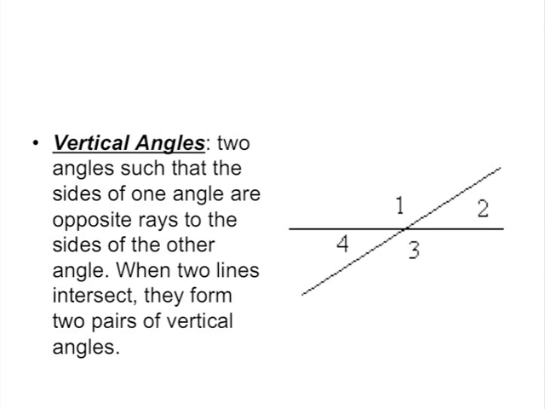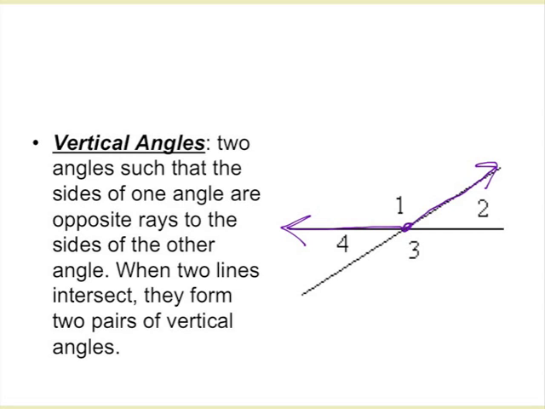Our third type of special angle pair for today is called vertical angles. The definition of vertical angles tells us what they look like. It's 2 angles so the sides of one angle are the opposite rays of the other. So we learned what opposite rays were in chapter 1. So if I look at angle 1, the sides of an angle are 2 rays.